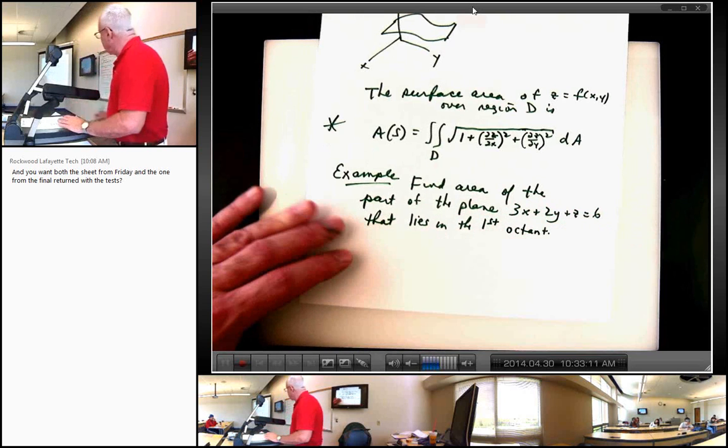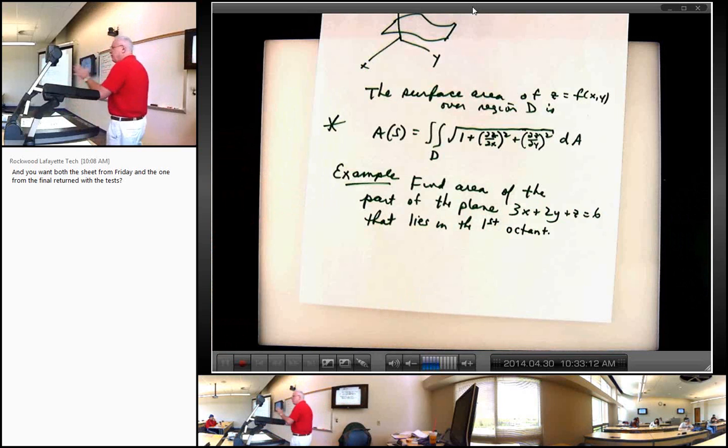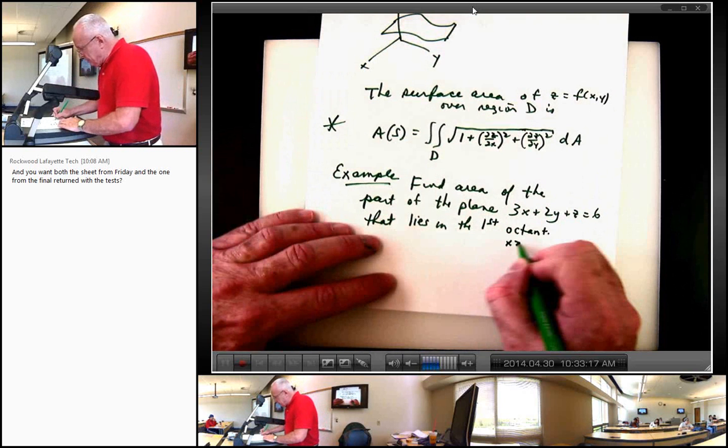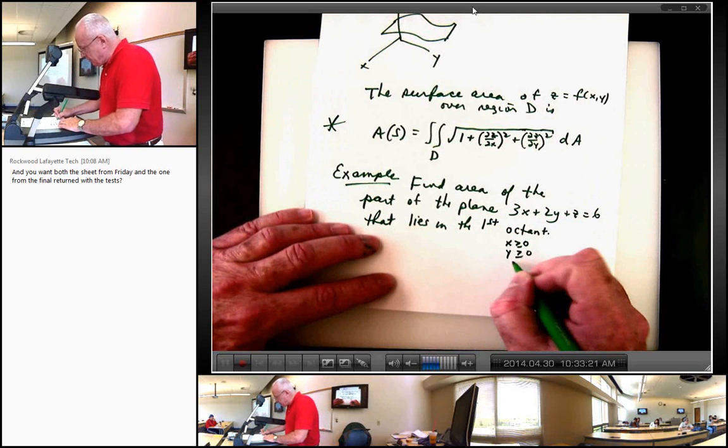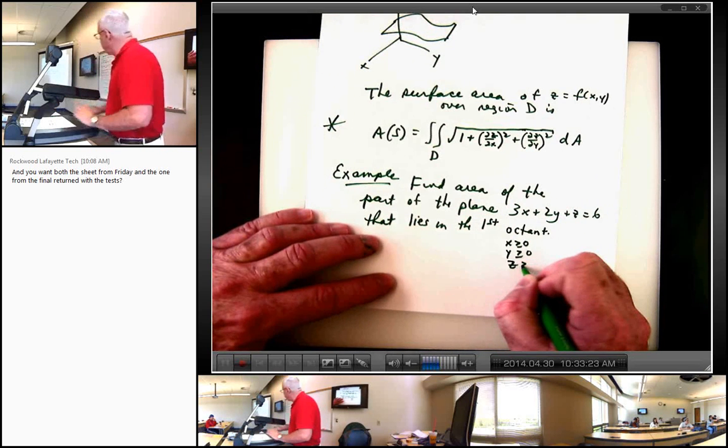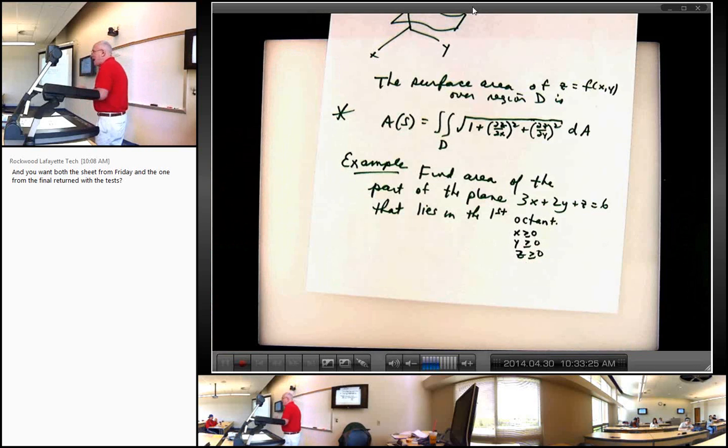Okay, let's remember that first octant, that's where x is bigger than or equal to 0, y is bigger than or equal to 0, and z is bigger than or equal to 0. That's the first octant.